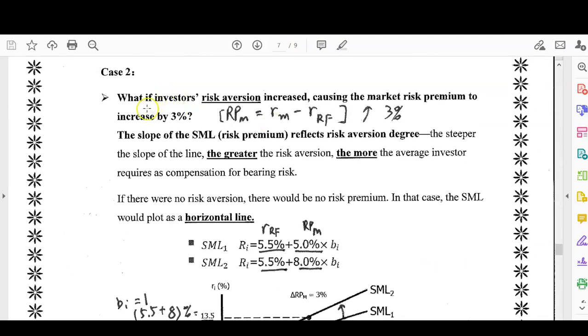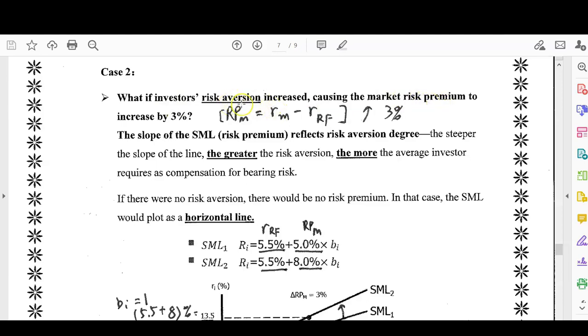Case 2. If investors' risk aversion increased, causing the market risk premium to increase by 3%, what happens to SML? So we've discussed the risk aversion assumption of investors, that investors hate risk, right? So that's why we need additional risk premium when we are buying risky assets.